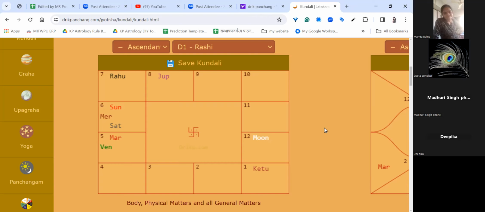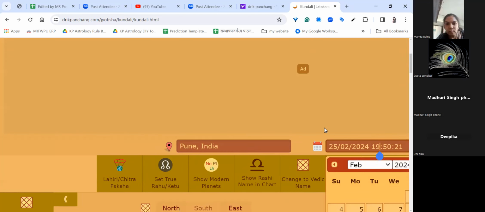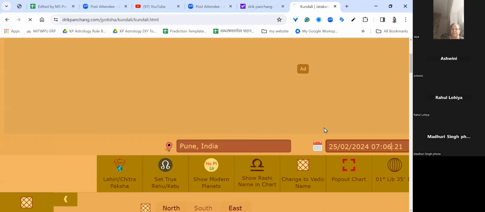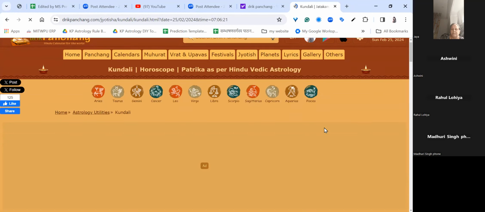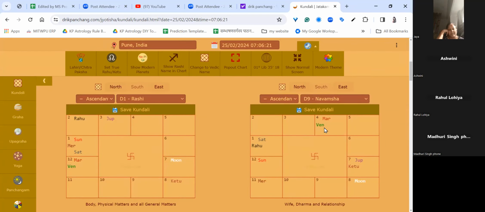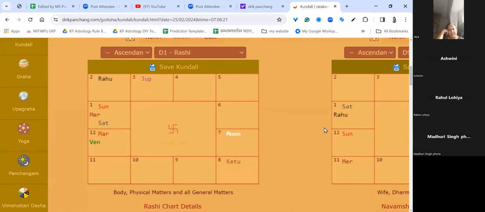Now move the chart to today's sunrise time, which is 7:06 a.m. So in the South Indian chart, Jaya, could you tell me what is the rising ascendant Rashi?